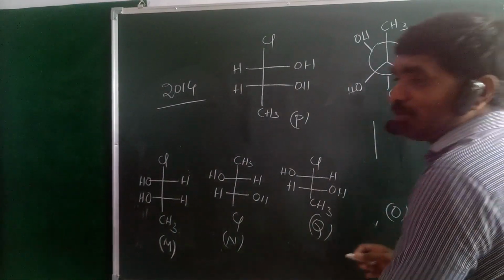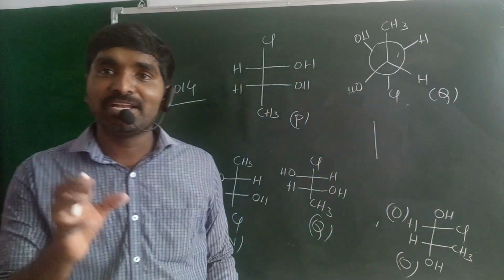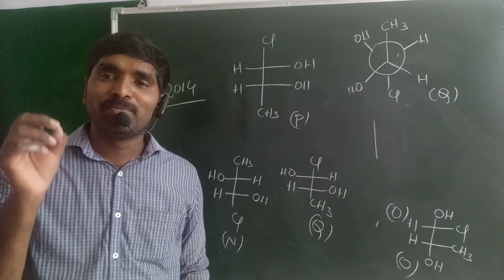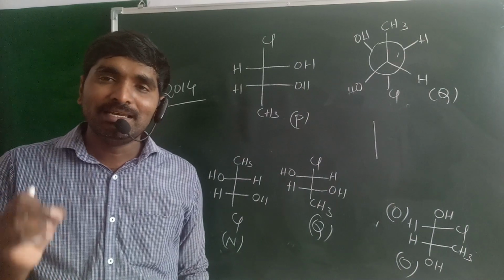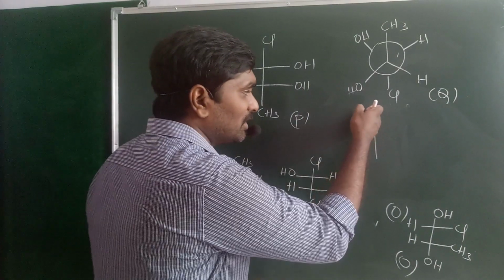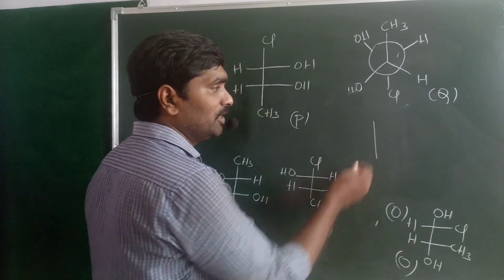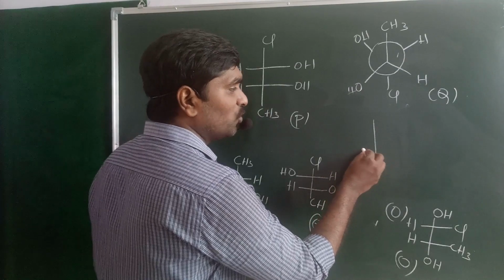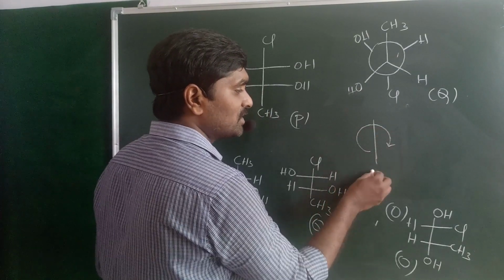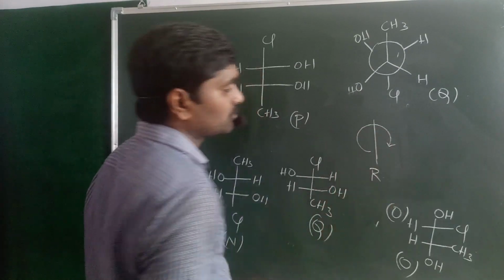First you should give the numbering according to the priority, based on the atomic numbers. When the least priority group is present on vertical line, the remaining 3 groups are clockwise, which is the R configuration.